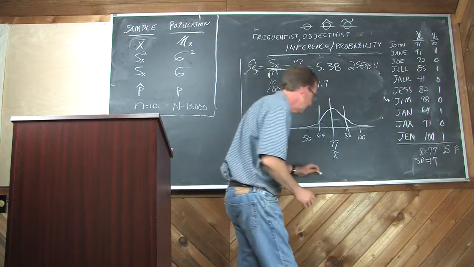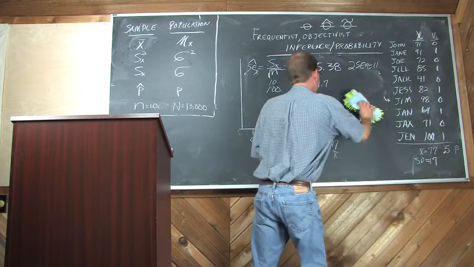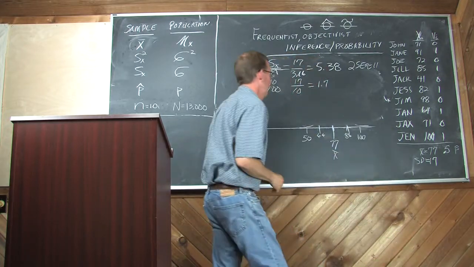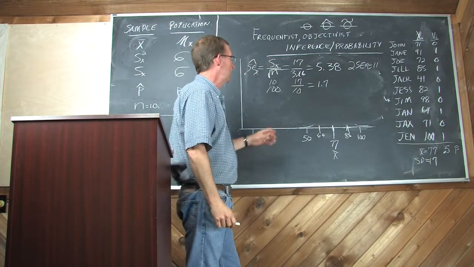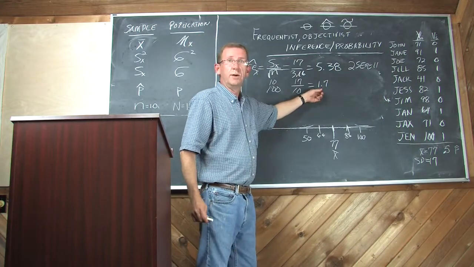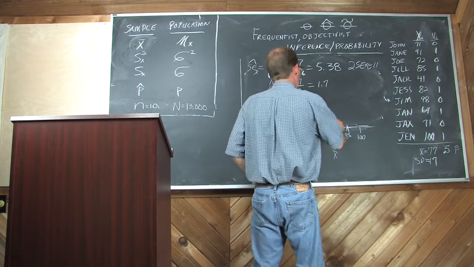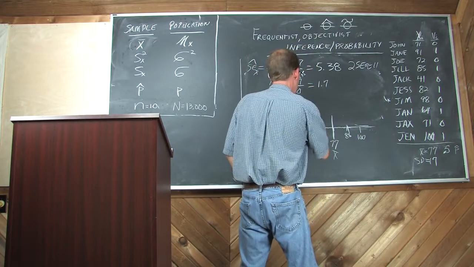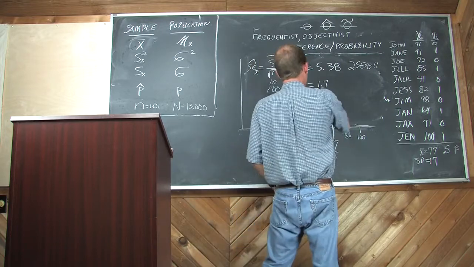So we're going to erase these old ones and redo them. So you're going to double 1.7, still working from 77.